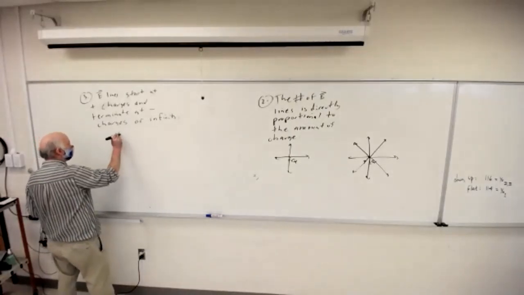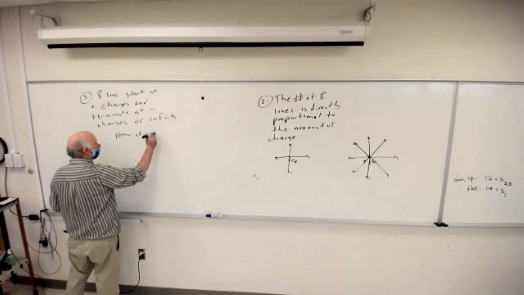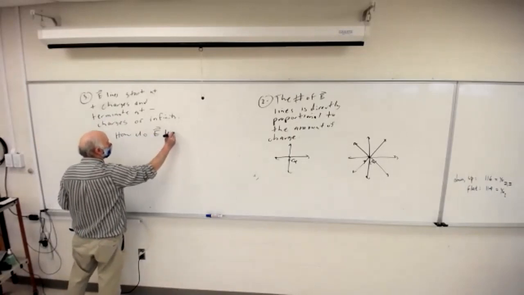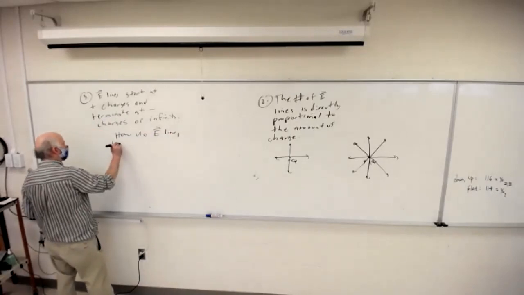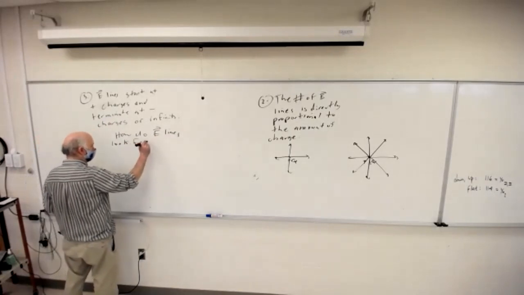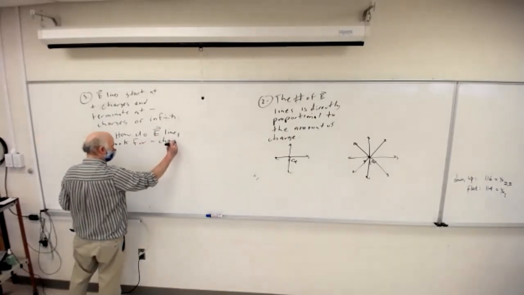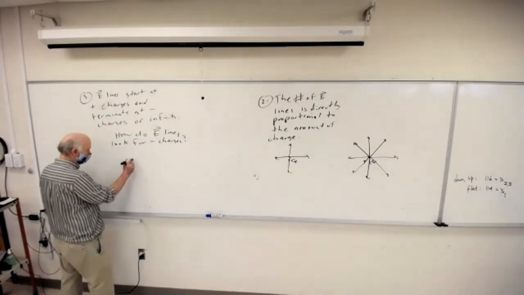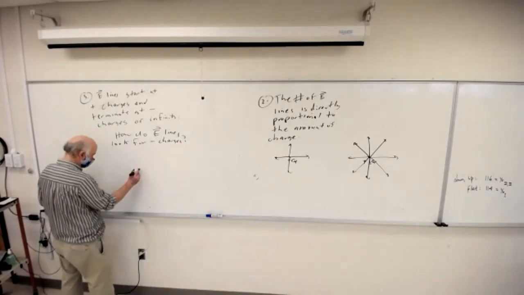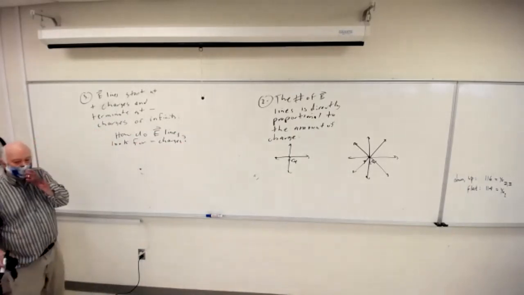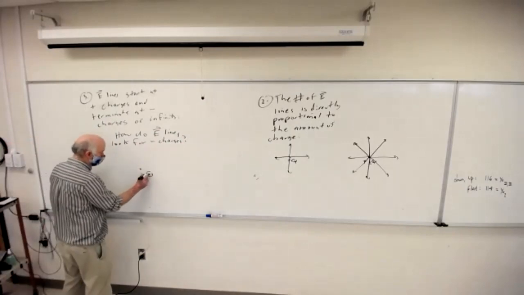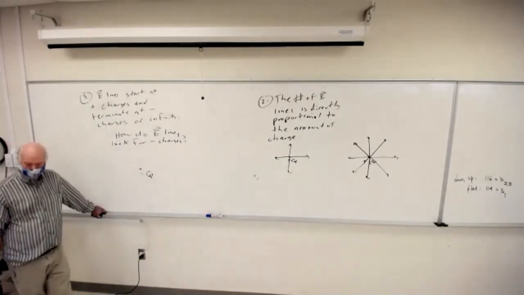Let's ask, how do E lines look for negative charges? So if I had a negative point charge, this is a negative Q, how would those E lines have to go?